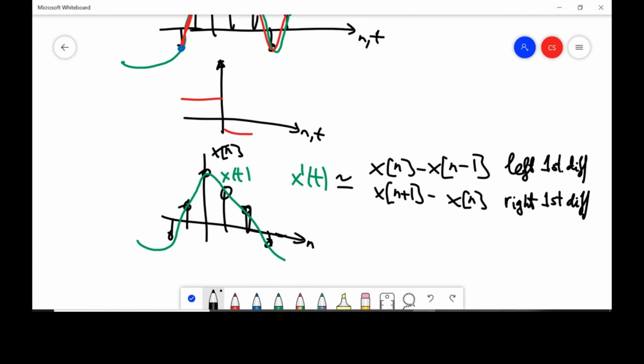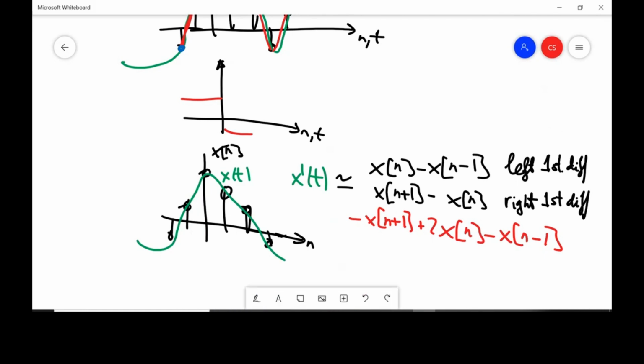And probably you may remember that we had a different estimate that was this one. You remember that one? So we had this one too.